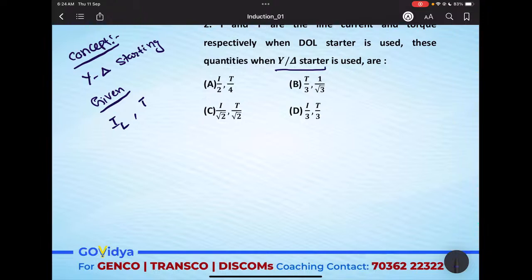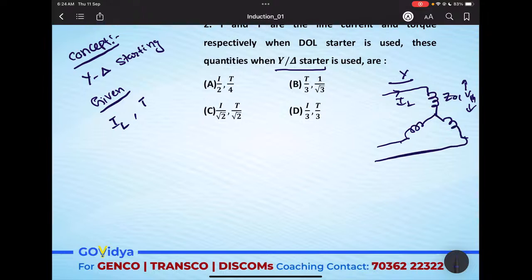First we'll see what is meant by star delta starter. Just a simple network, if you draw, if it is a star network, how it will behave. Let's take this is the Z01 and this is the line current IL. This is the phase voltage.